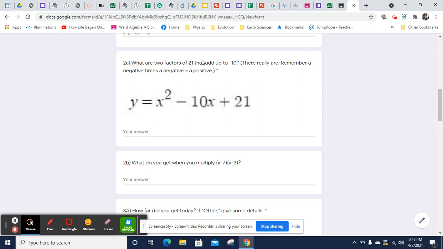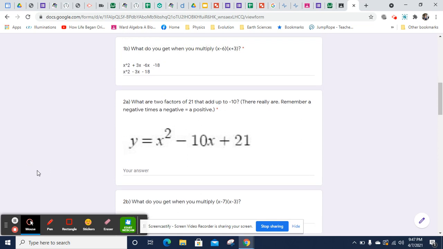Okay, what are two factors of 21 that add up to negative 10? Now, this is a little tricky unless you remind yourself that a negative times a negative is a positive. We can certainly get 3 times 7 to add up to 10, but 3 times 7 doesn't add up to negative 10. However, that does give us a possibility. How about negative 3 and negative 7?